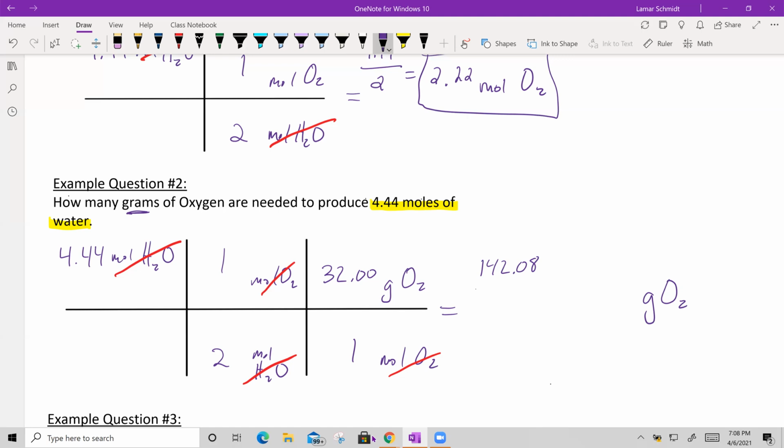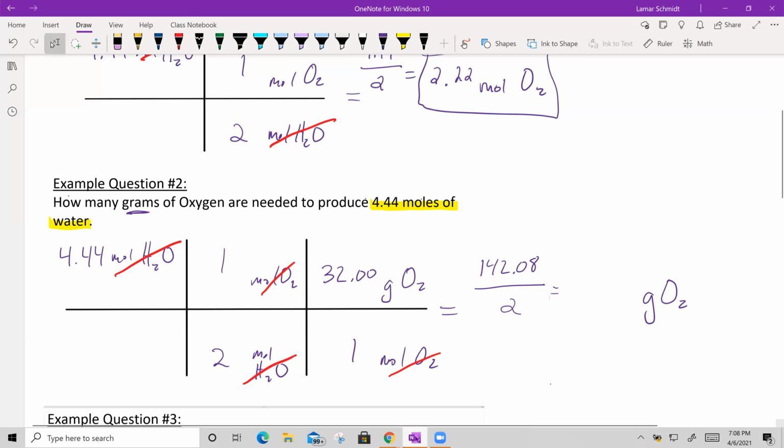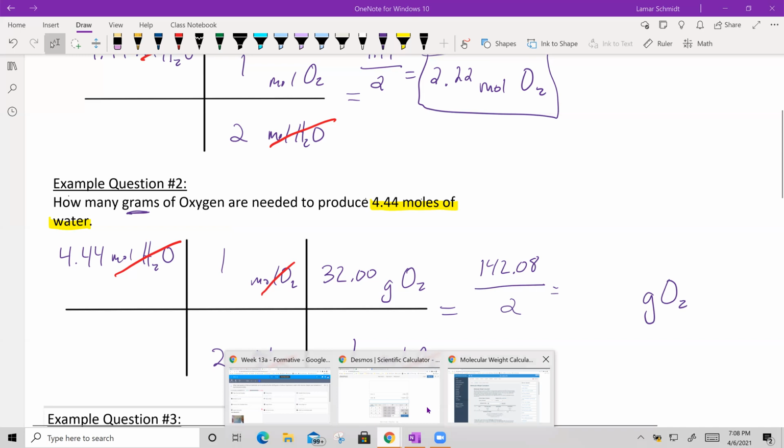So this is why I'm just dealing with numbers at this point. Now, on the bottom, we still have to multiply these two values, and then we would divide it into the top. So 2 times 1 just happens to be 2. All right. And so now all we have to do is take 142.08 and divide that by 2.